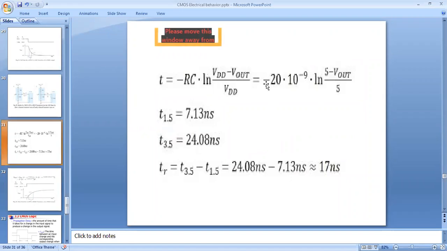Calculate the time. If we consider 1.5 as V out, mention it as T1.5. If you consider V out as 3.5, mention T3.5. We get these two values, 7.13 nanoseconds and 24.08 nanoseconds.